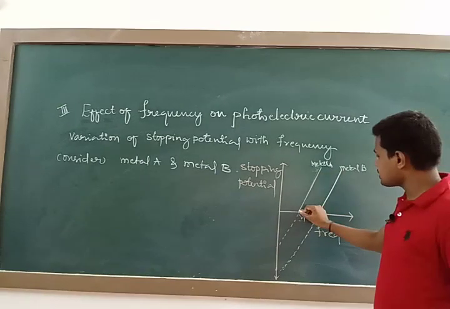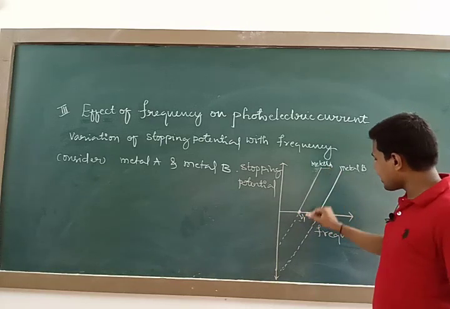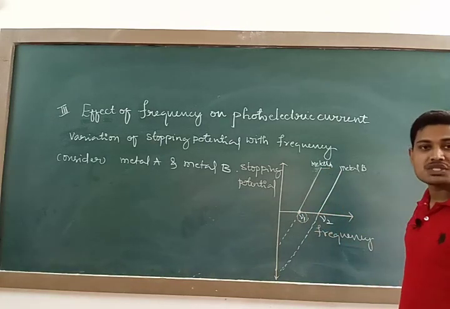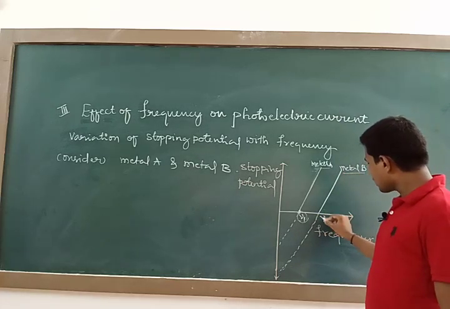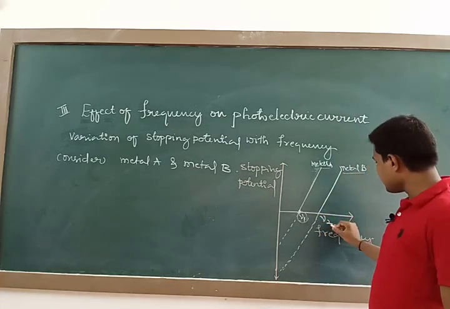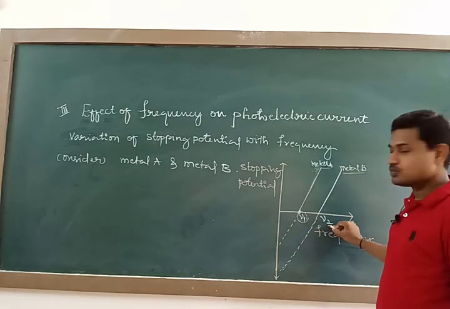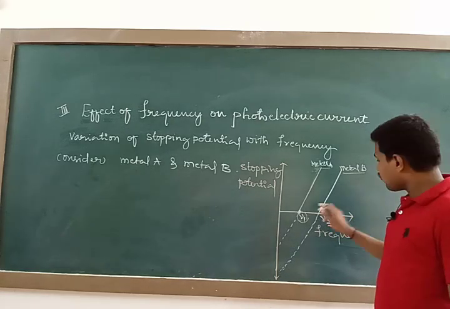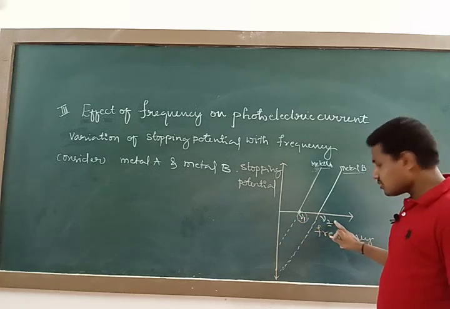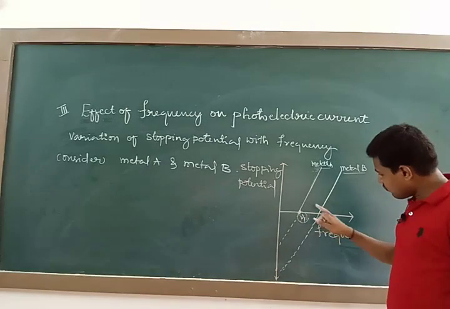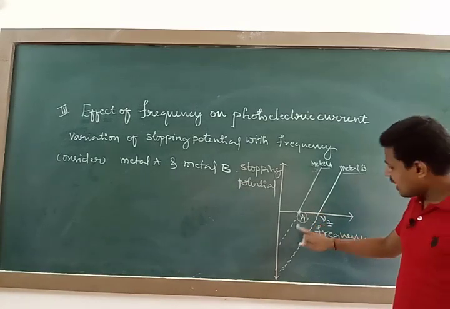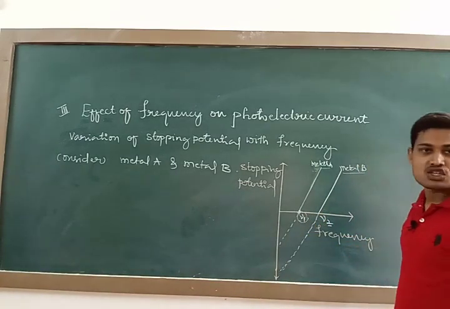The stopping potential is zero for metal plate A corresponding to a particular frequency nu1, and the stopping potential is zero for metal plate B at a frequency nu2. It means for every metal plate there is a particular frequency, and for every particular frequency it has a particular stopping potential.